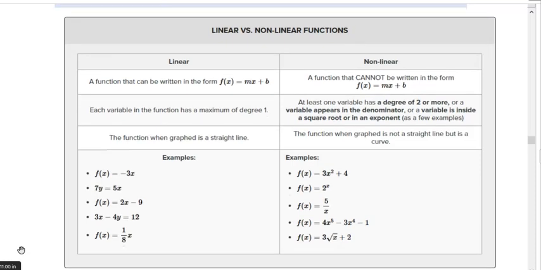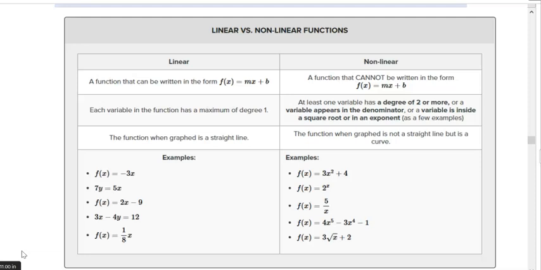A couple of things to take note of for a linear function is that it can be written in this form, f of x equals mx plus b. Each variable on the function has a maximum degree of 1, and when the function is graphed, it's a straight line.